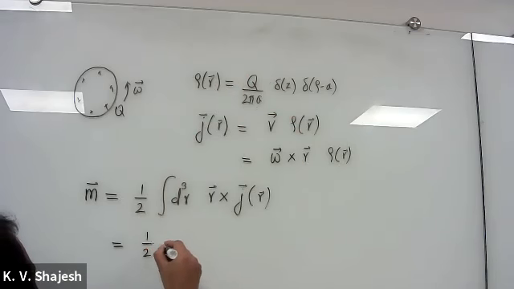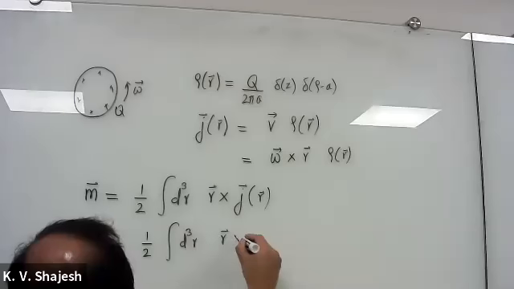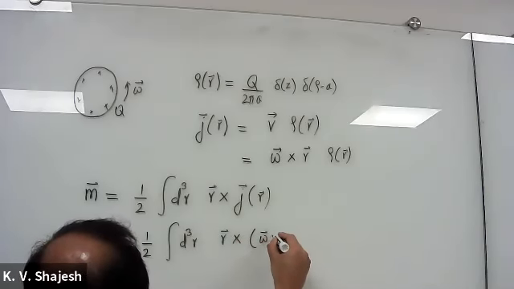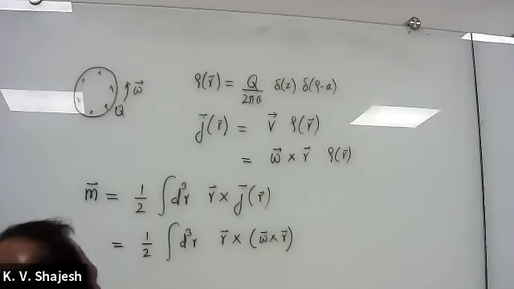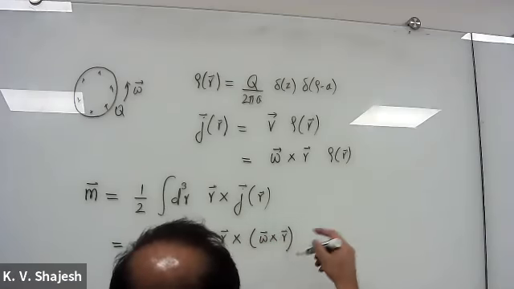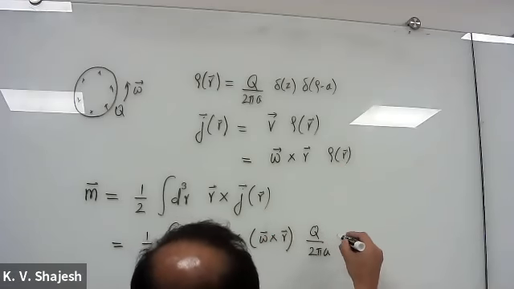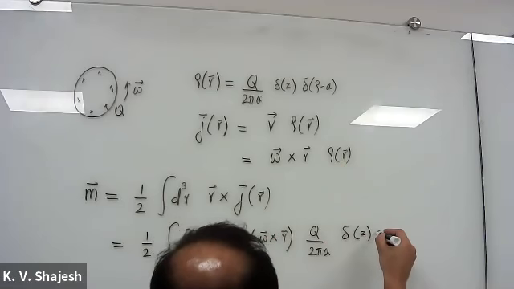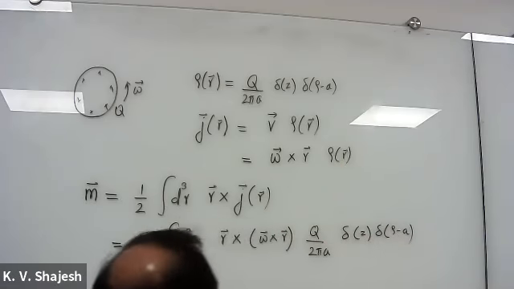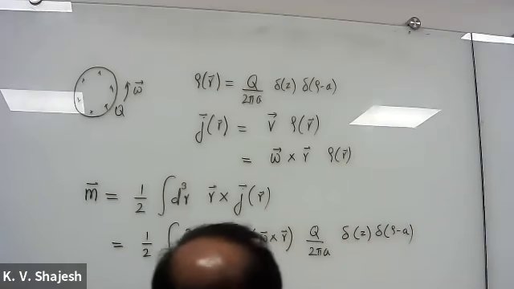This is half of the integral over all space again, of R crossed with omega crossed with r, times rho, right? That's it, which is Q over 2 pi A times delta of z times delta of rho minus A. Omega we can choose to be in the z direction.